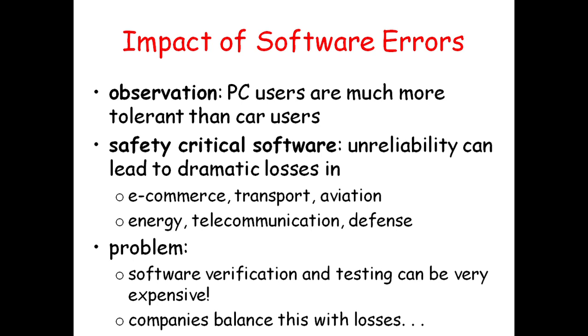So a bug or software error in such a system can cause millions or billions of US dollars in losses, or it can also cost human lives. For example, a passenger plane crash can lead to human losses. So the safety of such systems is more important than the safety of a personal computer.